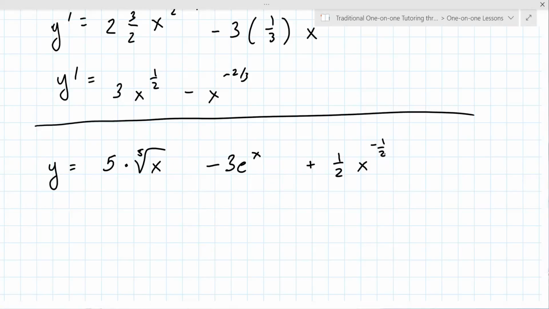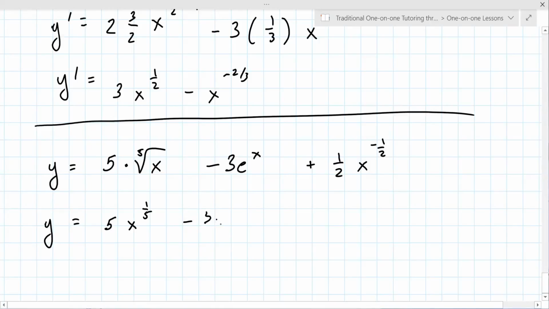So you definitely want to rewrite the first one. 5x to the 1/5.